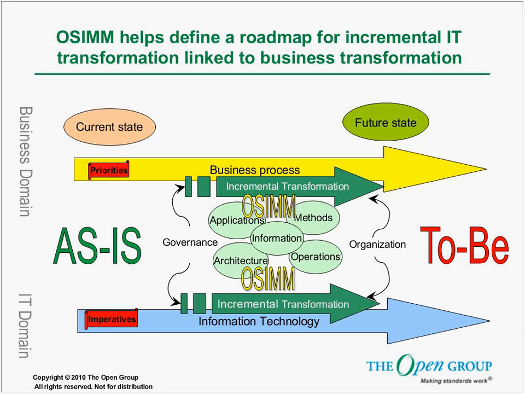OSIMM helps define a roadmap for transforming your business. It defines an incremental approach to taking services and adopting those SOA services or cloud computing services in the context of a business transformation, right? So we don't simply take technology and apply it willy-nilly, right?